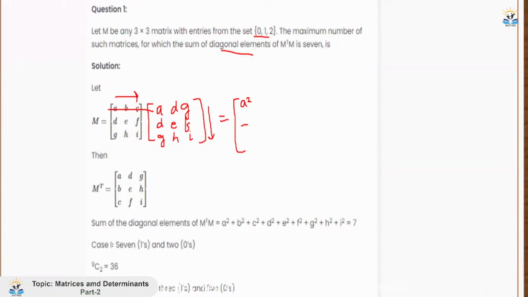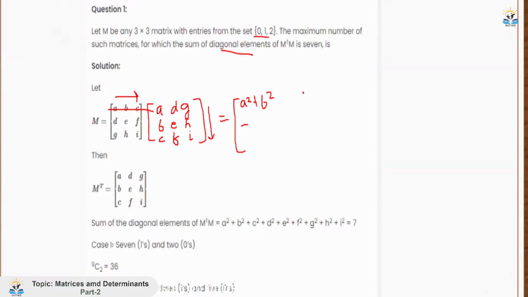So a square plus b square plus c square. I did something wrong there, I don't know why I wrote that thing wrong, but okay.